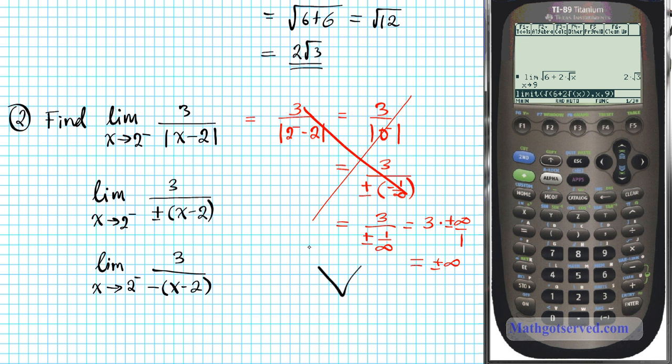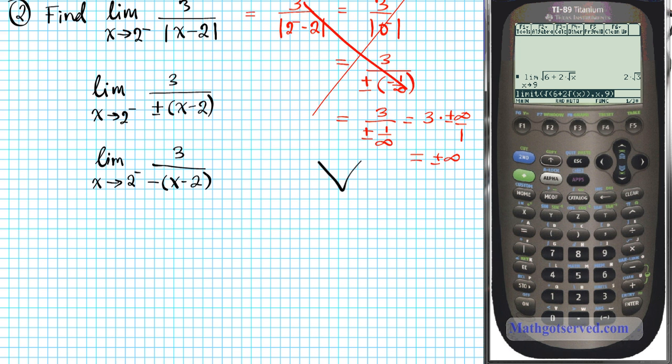Okay. All right, now let's go ahead and simplify that. We can now do our direct substitution because we've resolved the duplicate nature of the signs here, either plus or minus. So we have 3 divided by negative 2 from the left minus 2. That equals 3 over negative 2 from the left minus 2 is 0 from the left.